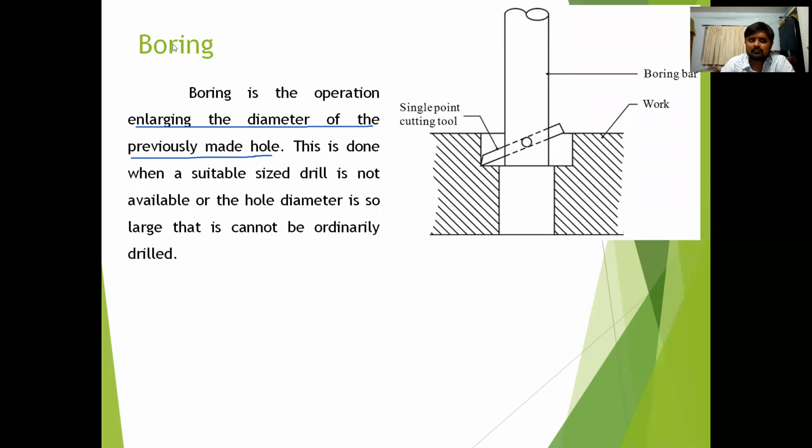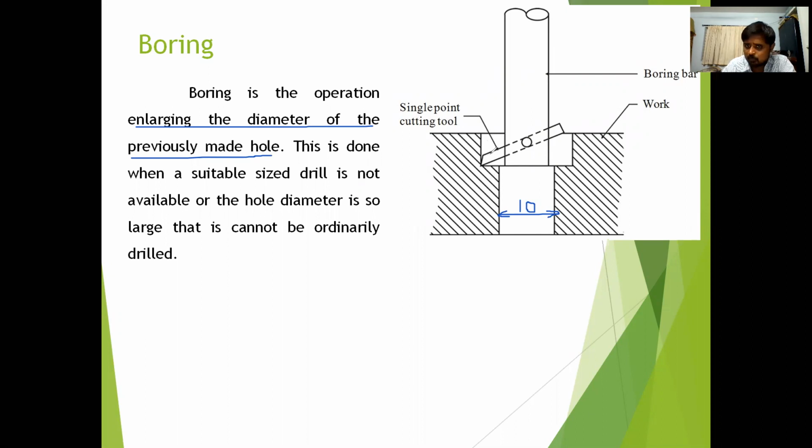For example, this is the hole already drilled by the drilling operation using the drill bit. Let's say the diameter of this drilled hole is 10 mm. I want to enlarge the diameter of the hole and make it 15 mm. For that, we are going to use the boring bit.